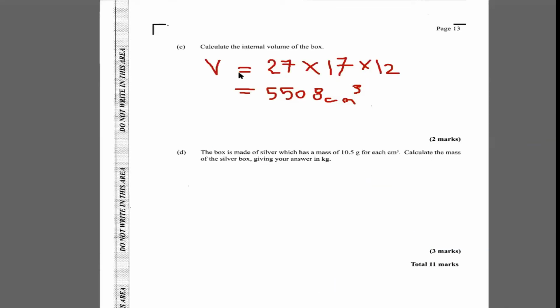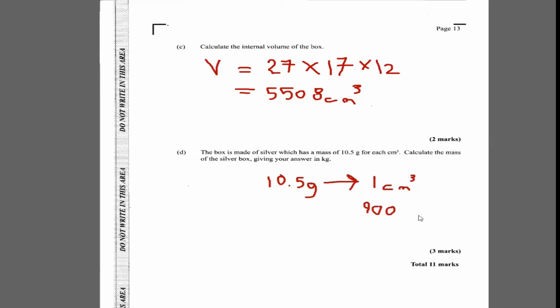Now calculating the mass of the silver box, they give us some pretty cool information. They told us that 10.5 gram is for each cm cube. 10.5 gram is for 1 cm cube. But of course, we know that the volume of the box is 9,000 cm cube.